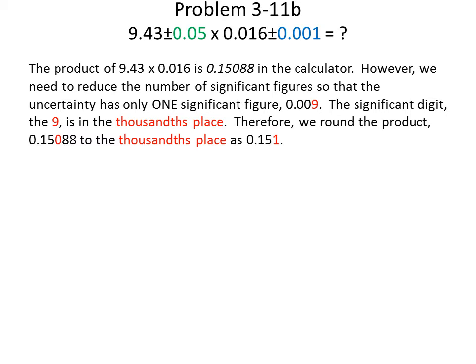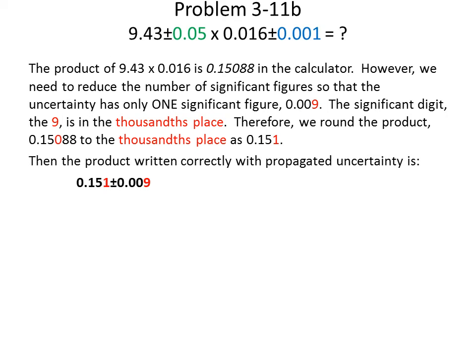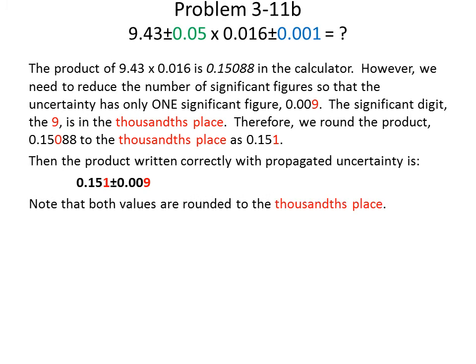Therefore, we round the product 0.15088 also to the thousandths place at 0.151. Therefore, the product written correctly and with the propagated uncertainty is 0.151 plus or minus 0.009. Note that both values are rounded to the thousandths place.